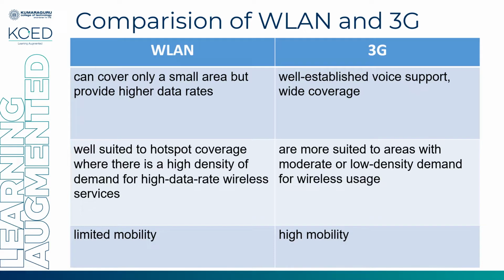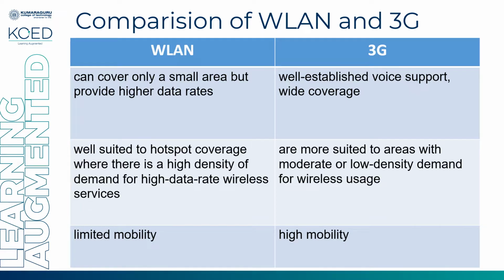We know that 3G has got well established voice support, whereas wireless LAN can cover only a small area. It provides high data rate, whereas 3G can provide only low data rate.